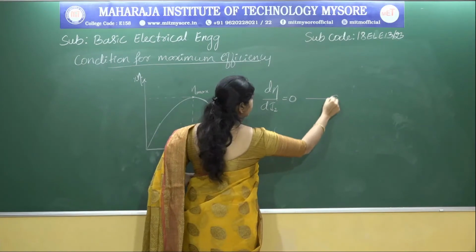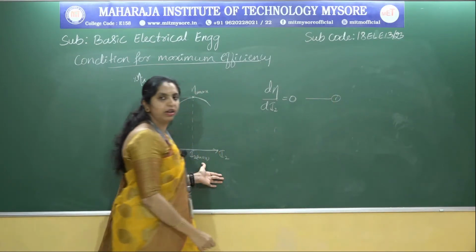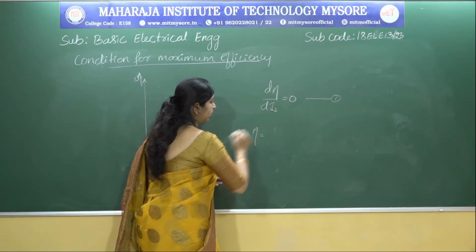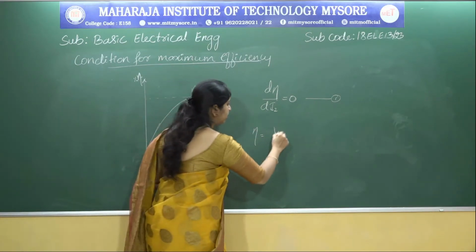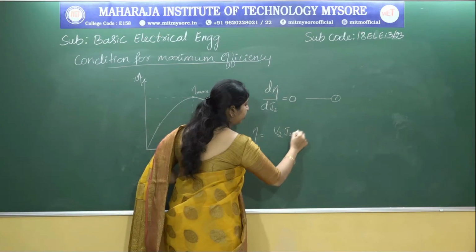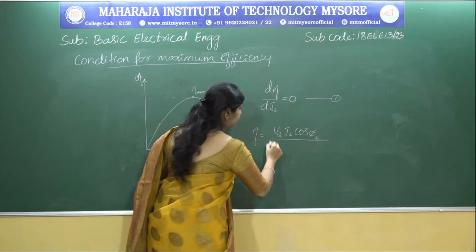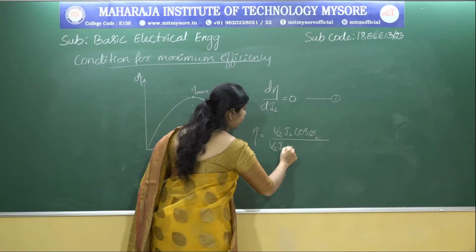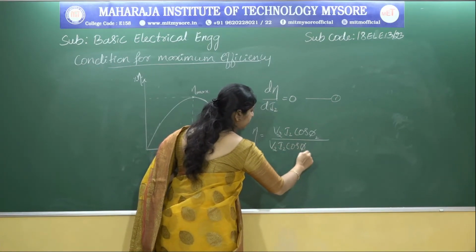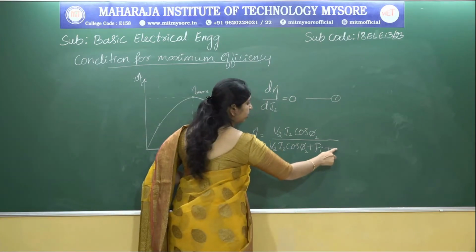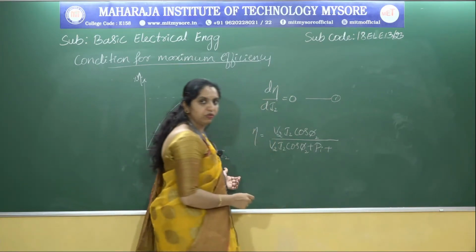Let us call this equation 1. Before substituting eta, we will write the eta value again. Eta is nothing but V2 I2 cos phi 2 divided by V2 I2 cos phi 2 plus Pi plus PCU full load.